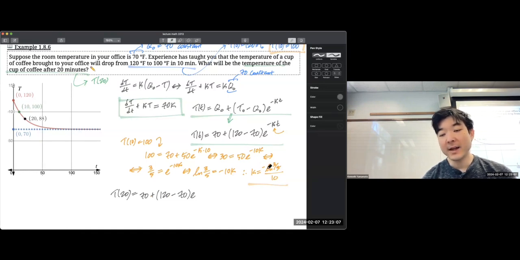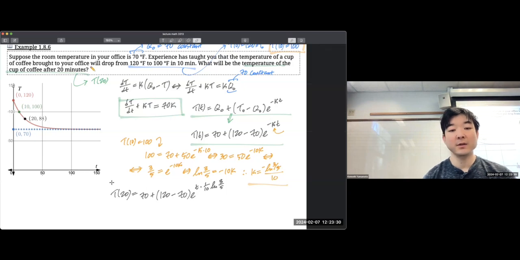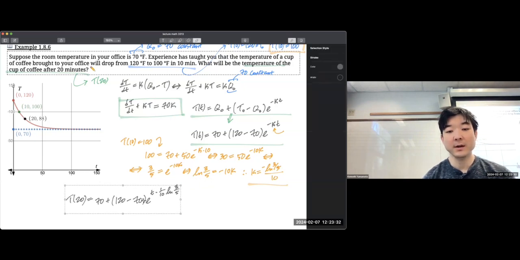There's a negative and a negative, and we're interested in computing it at time t, so this is t times 1 over 10 times ln of 3 over 5. There's a negative here and a negative here, so there are no more negatives after those cancel out.